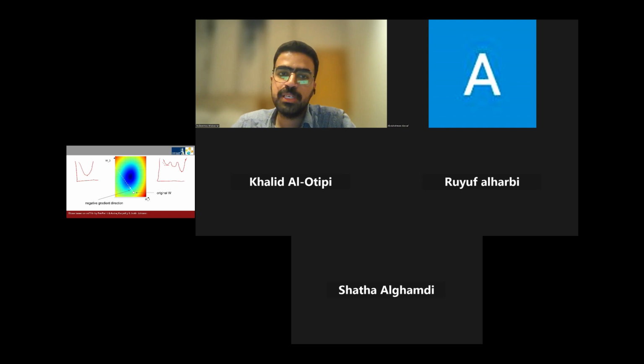Okay, so for example, if the steepest gradient for the whole data set was towards this direction, now since we are not computing the gradient for the whole data set, we might go towards this direction, or towards this direction. The advantage here is that this can help us sometimes get out of the local minima. If we were dealing with the whole data set, the direction would be this.